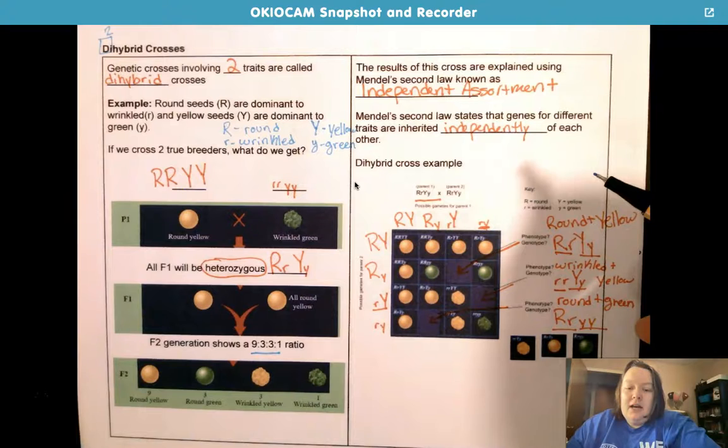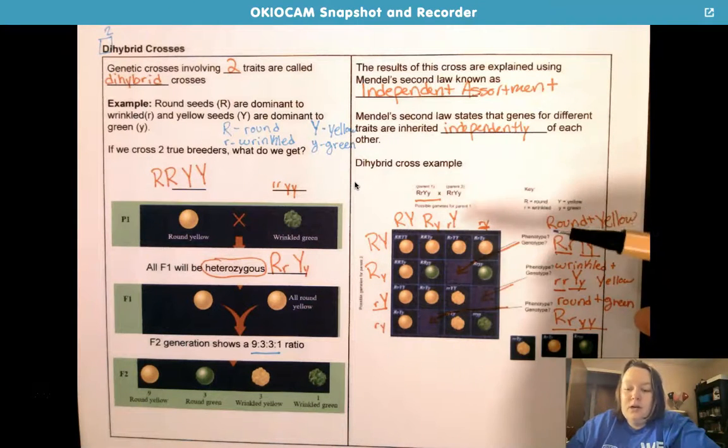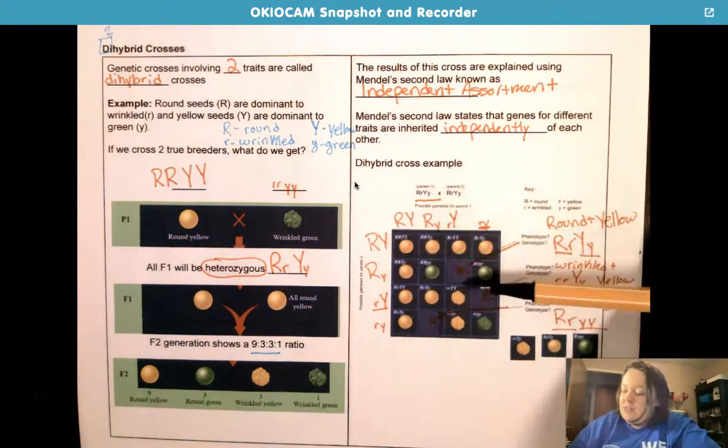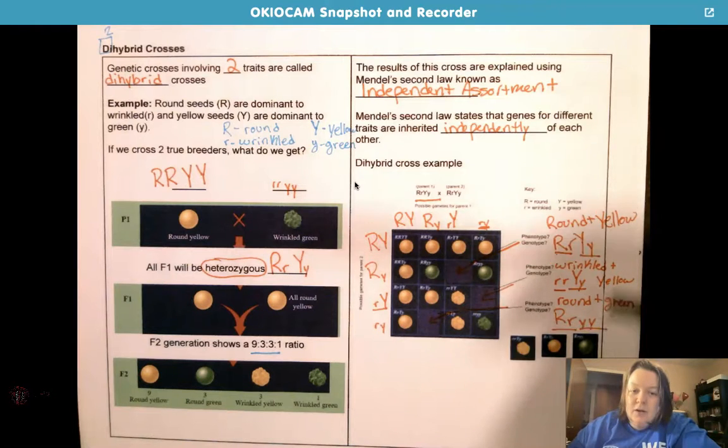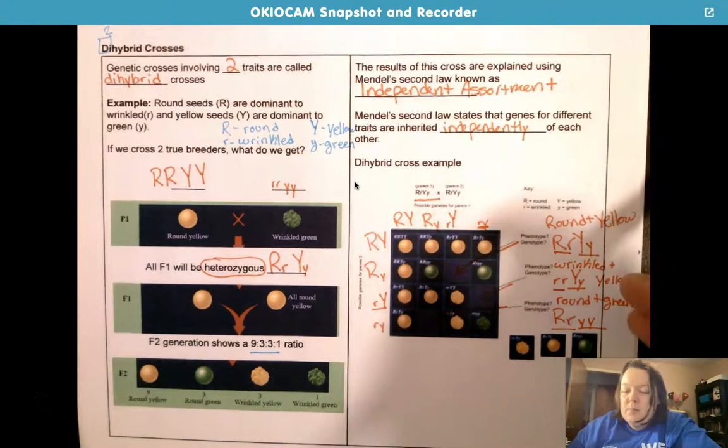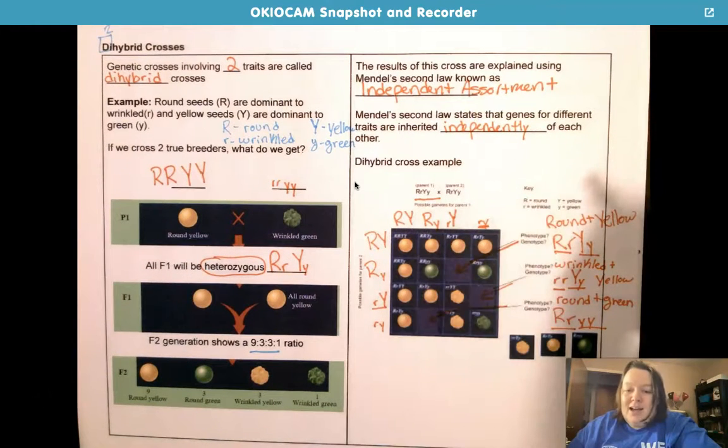Now, one thing about dihybrid crosses is that we're going from our small monohybrid 4-square Punnett square to a 16-square Punnett square. Now, dihybrids are very, very tricky. So you're never going to be asked to set one up. You might be asked to identify the genotypes of the parents.